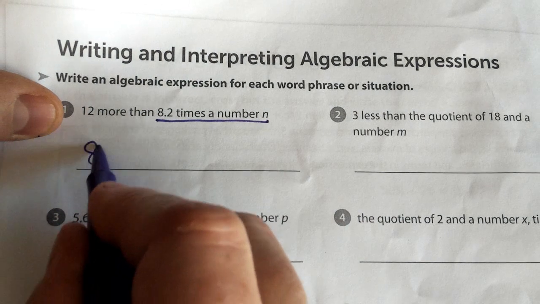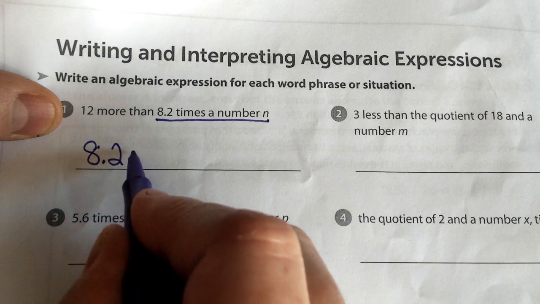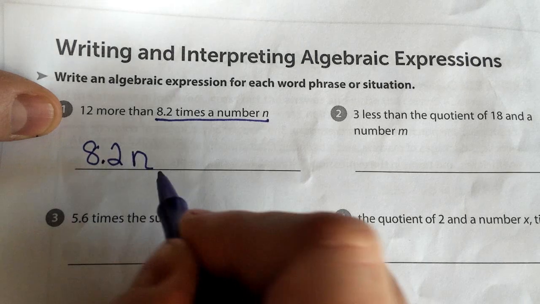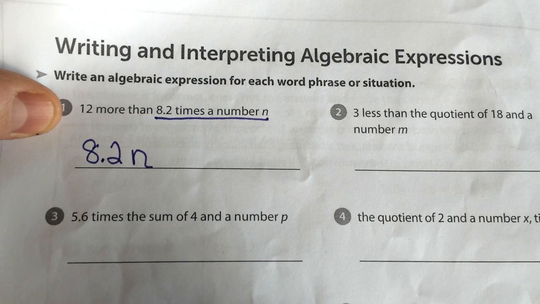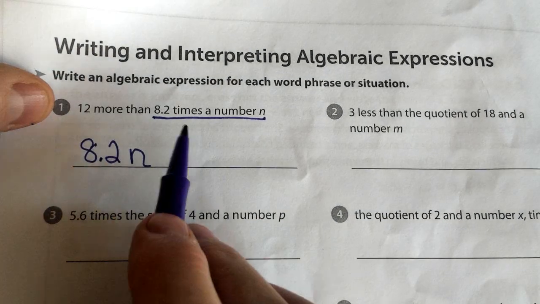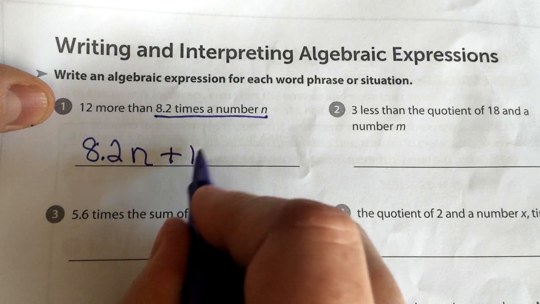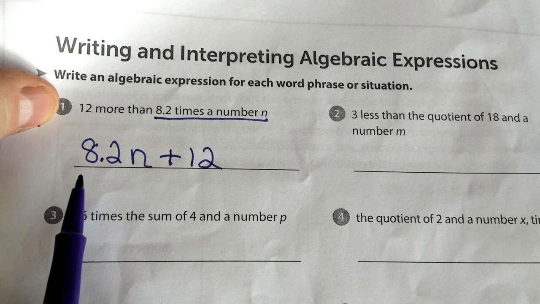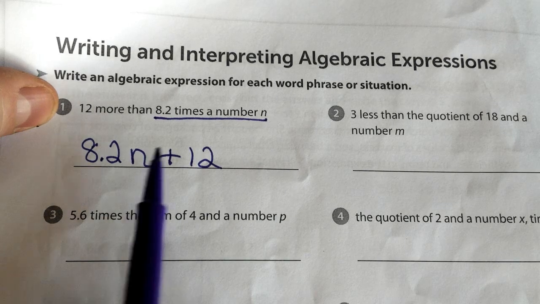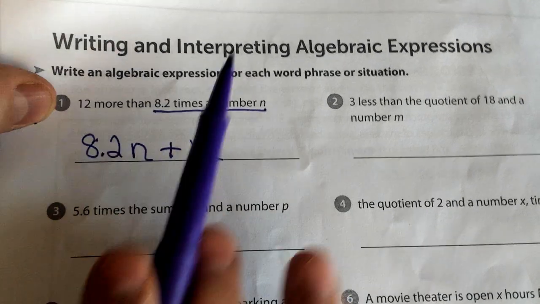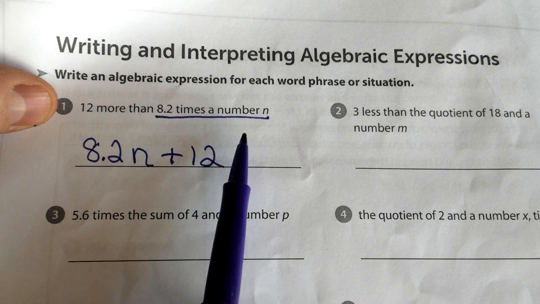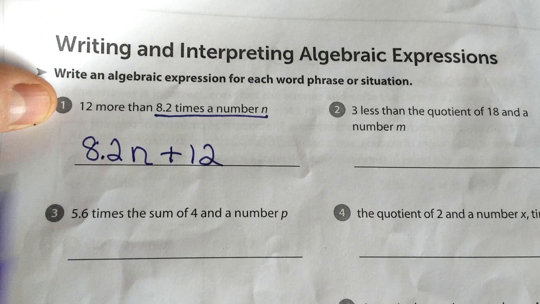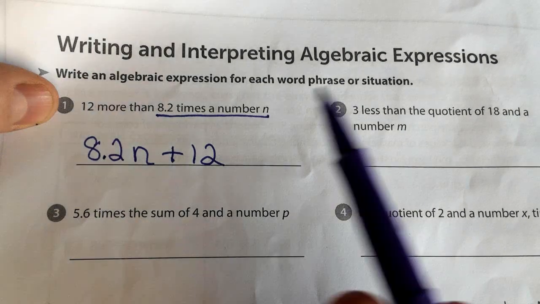So you're going to do that first, 8.2, and then that would just be 8.2 times n, or 8.2n, and then 12 more than that is plus 12. I know a lot of you had trouble with putting the 12 plus and then this when we were still in school. So make sure that you're reading that as it's intended. So 8.2 times a number and then 12 more than that. Okay? So that's how you would do number 1.